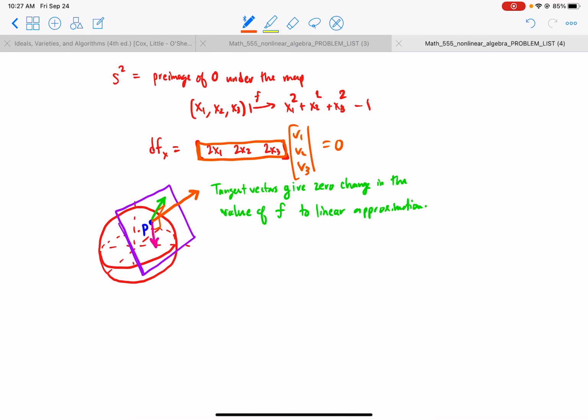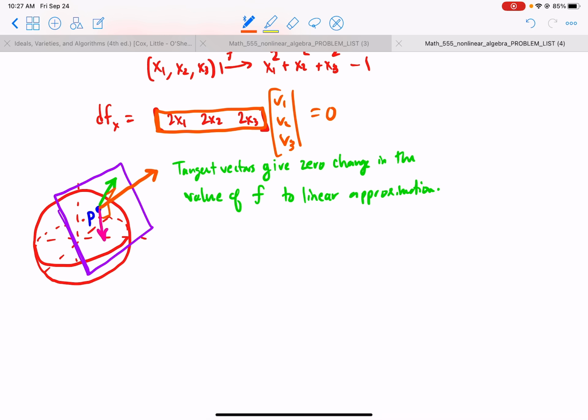It all comes from the fact that for any map, f of x plus a little change v is approximately equal to f of x plus the derivative of f at x evaluated at v, plus the second differential of f at x evaluated at v comma v, plus dot dot dot, and this maybe needs to be divided by 2 or something.